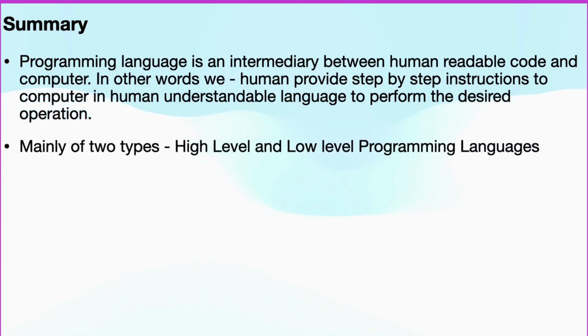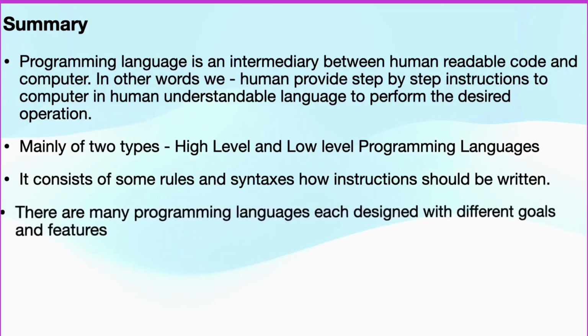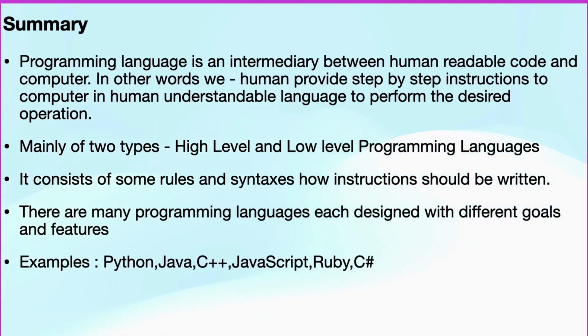There are mainly two types of programming languages: high level and low level. A programming language consists of some rules and syntaxes so that we can write the instructions. There are many programming languages, each designed with different goals and features, like Python, Java, C++, JavaScript, Ruby, C#.